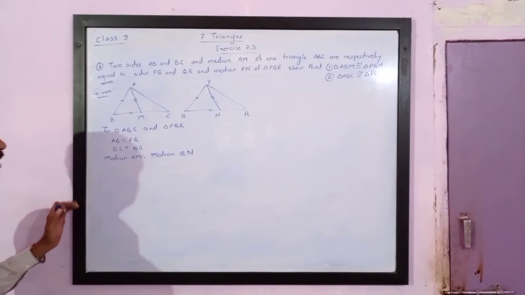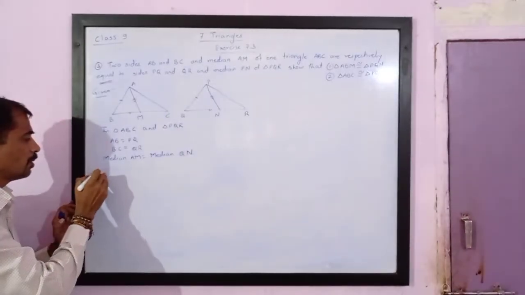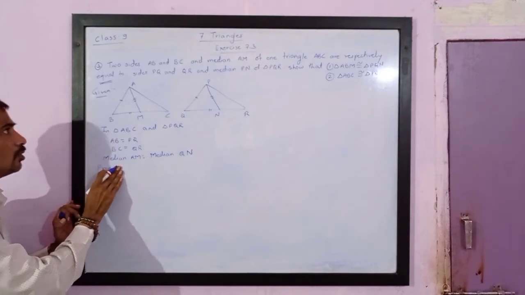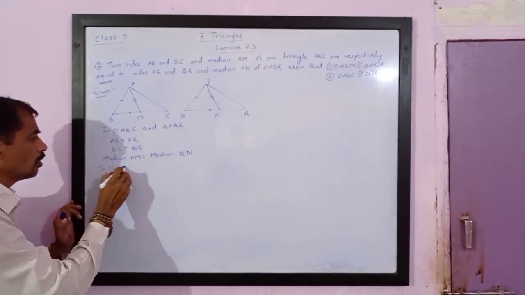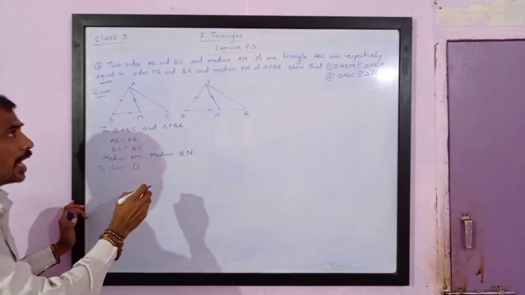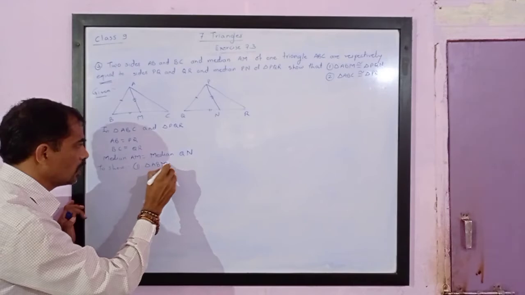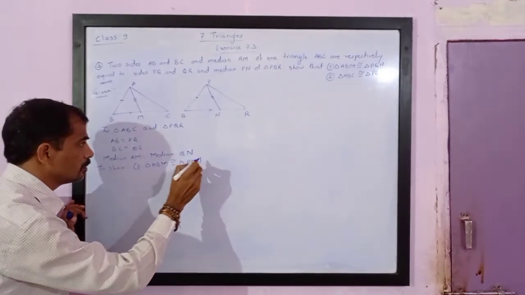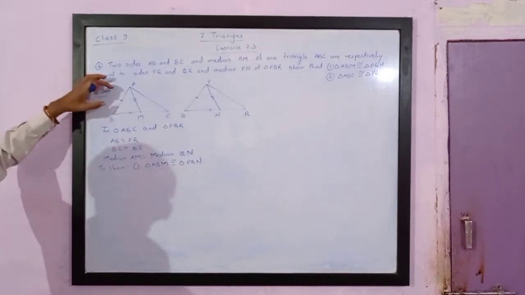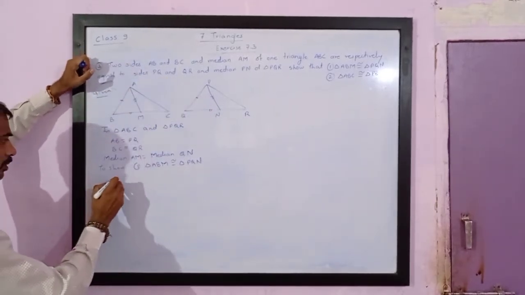Now watch carefully. For this proof, the first part we have to show is triangle ABM is congruent to triangle PQN. Now to show this, we are given that BC is equal to QR.